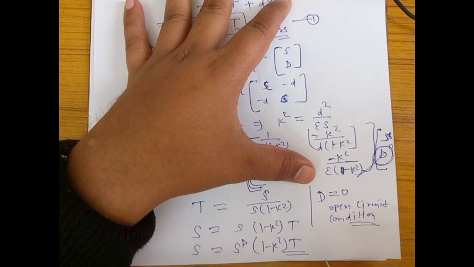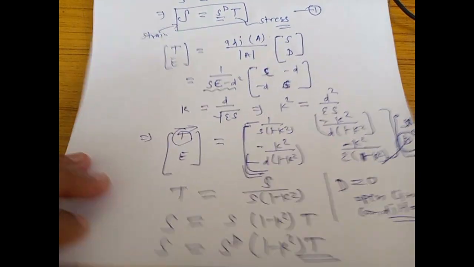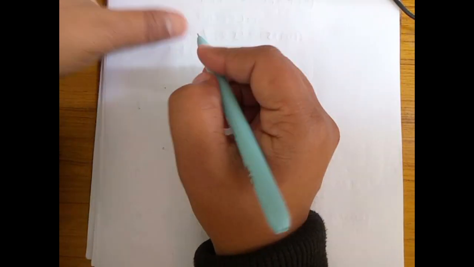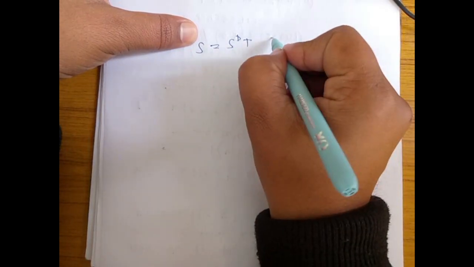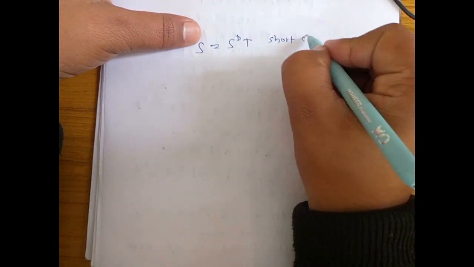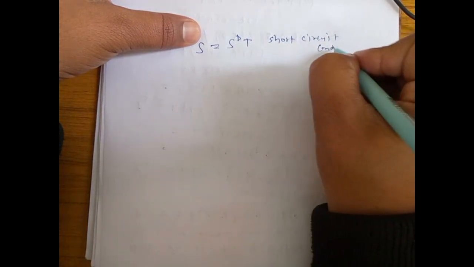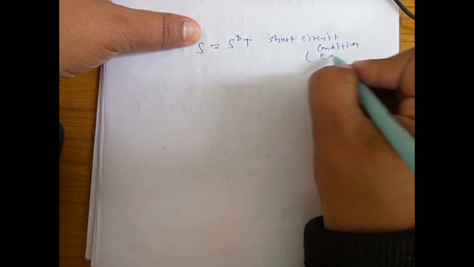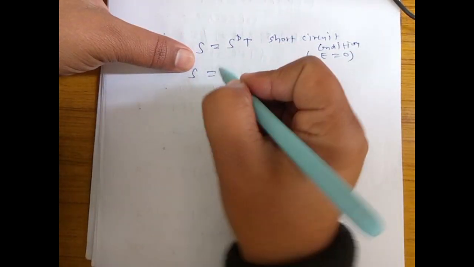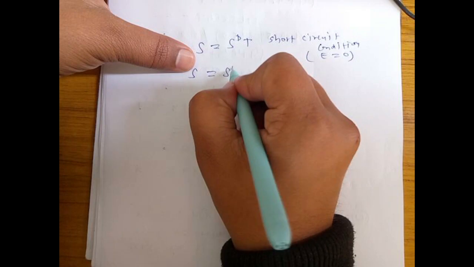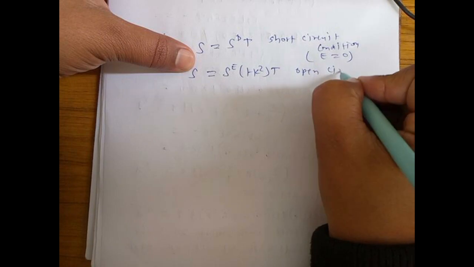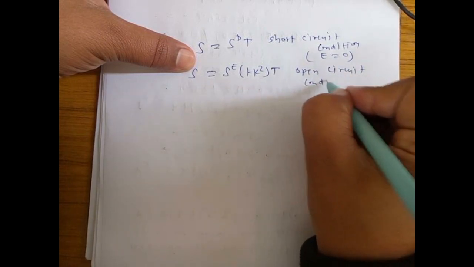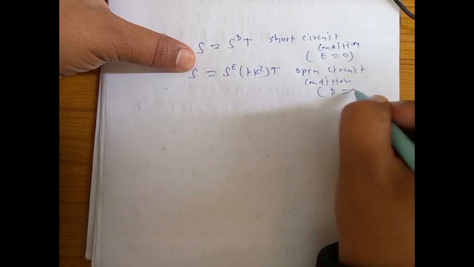So we have two conditions now. We have S equal to s^E T for the short circuit condition, which is E equal to 0, and S equal to s^D (1 minus k square) T for the open circuit condition, when D is equal to 0.